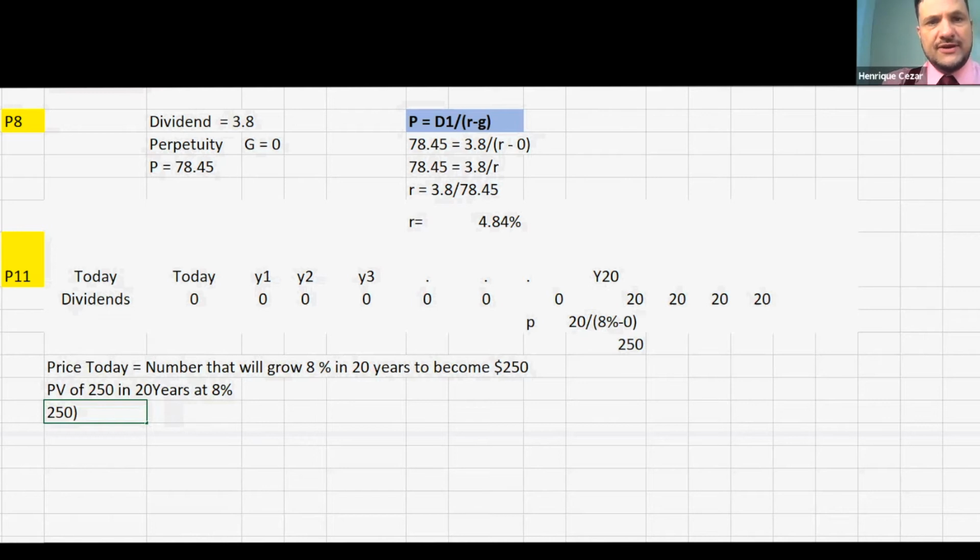Future value 250, press enter. You can do that on a financial calculator, the HP 12C, the Texas, or Excel. So the answer: pay $53.64 today, wait 20 years, and start making $20 in dividends per year until the end. And that concludes problem 11, friends.